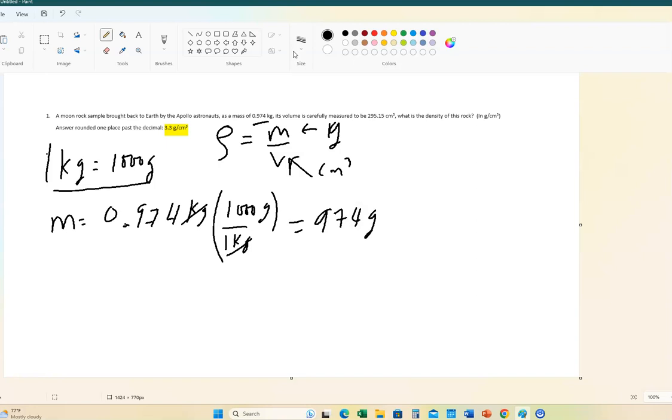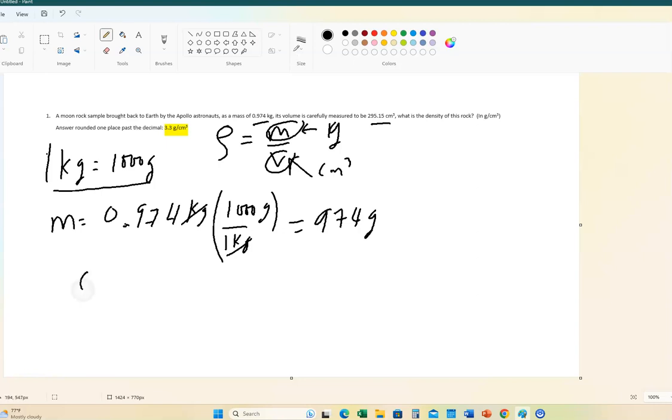The rest of it's really easy since you have the mass now in grams. The volume was given to us right here, and it's already in cubic centimeters.